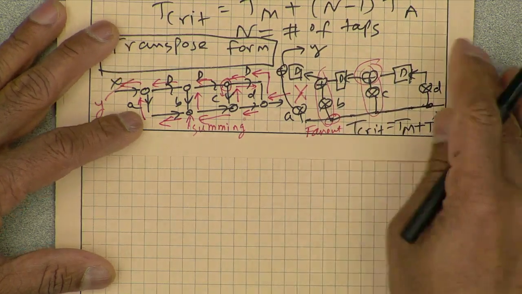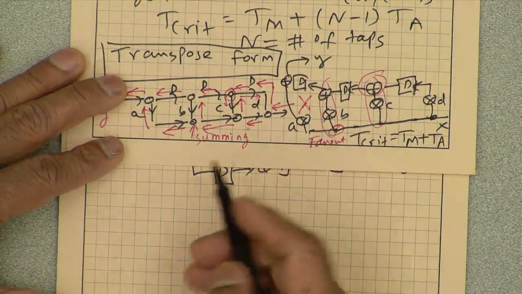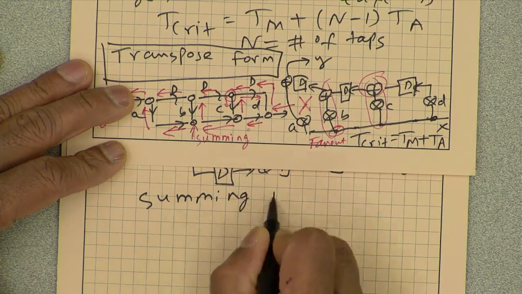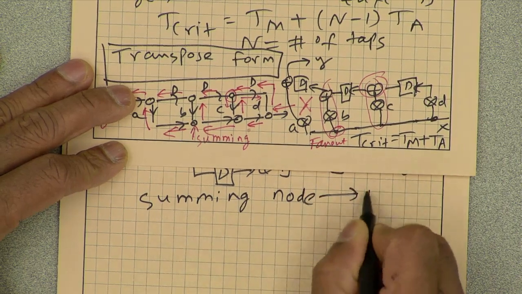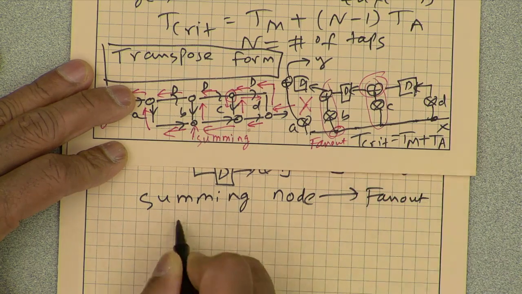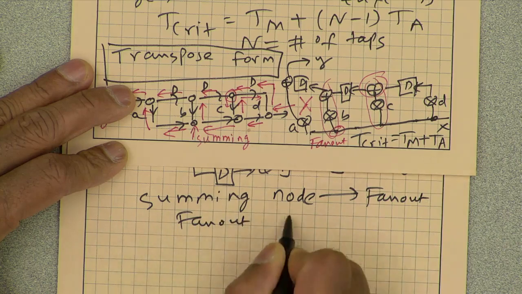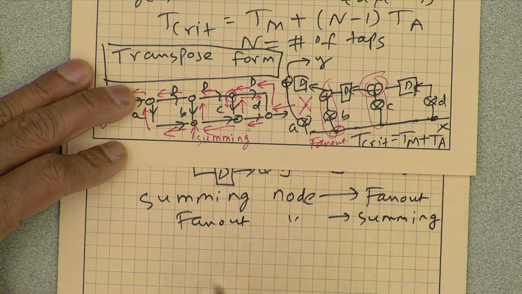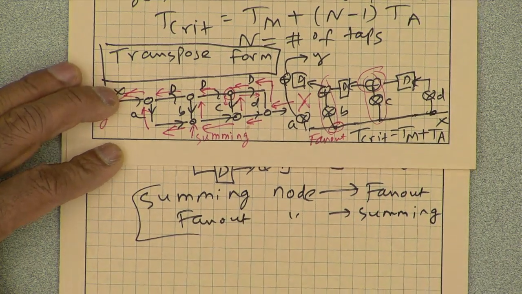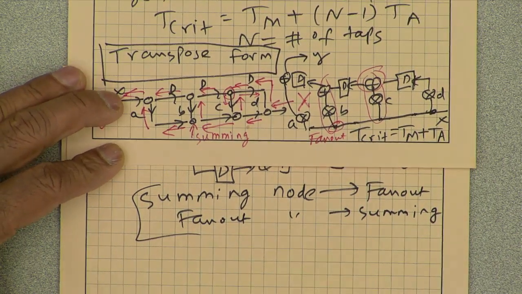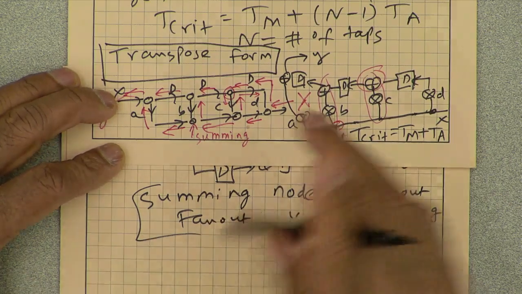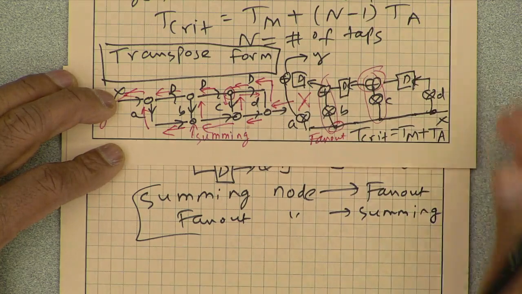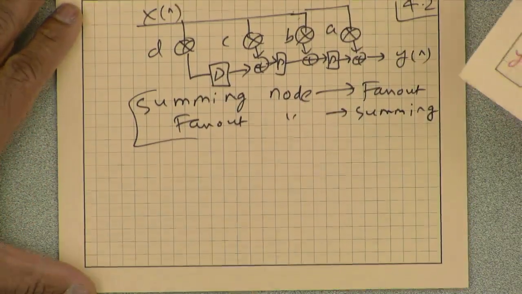So the roles of summing node and fan out node switch. So that's essentially what transposition does. It reverses the directions of the edges and reverses the input and output locations in the process. Summing node becomes a fan out node, and fan out node becomes a summing node.